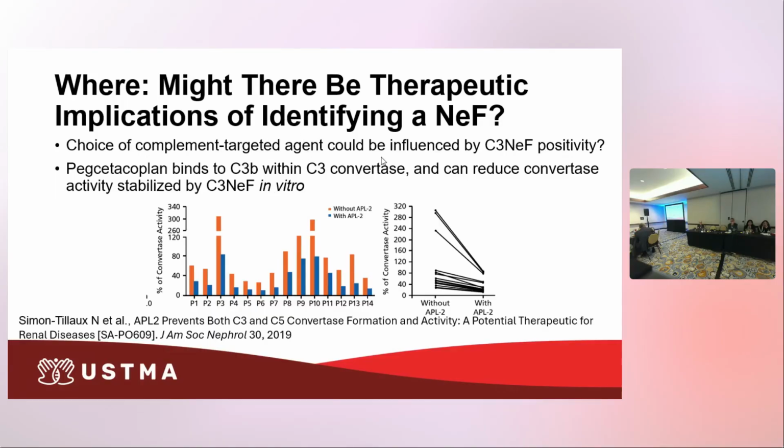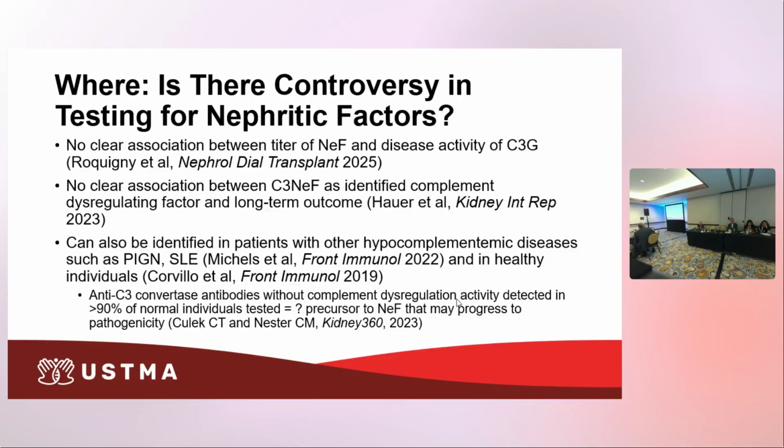In this in vitro work, complement convertase activity was reduced in these samples where pegcetacoplan was added, and this is graphically shown here. So perhaps there could be some implication, although I think this needs to be borne out with clinical trial data more than in vitro studies.